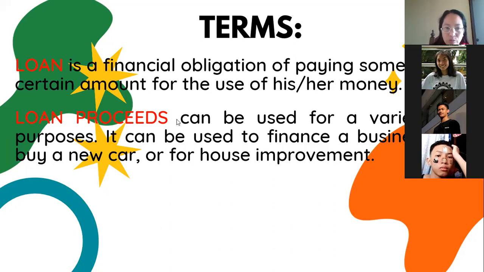So ito yung from the amount of money na inutang ninyo, yun yung makukuha ninyo. And sabi nga dito, it can be used as a business capital, or you can buy a car or any improvement sa house ninyo, or probably pwede rin na pang-pay ng college tuition.